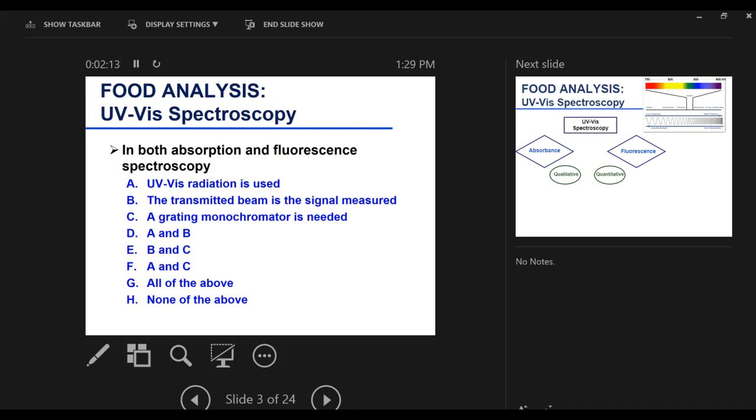There is a linear relationship between absorption and concentration, and we like linear relationships. If it's not linear, we don't use it. A grating monochromator is needed in most cases, yes, especially if you want to do quantification. You want to quantitate at a single light wavelength so that it follows Beer's law for quantification.